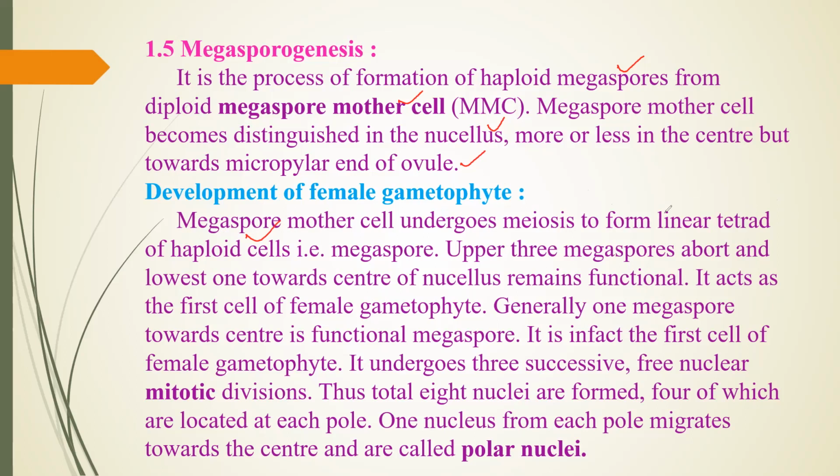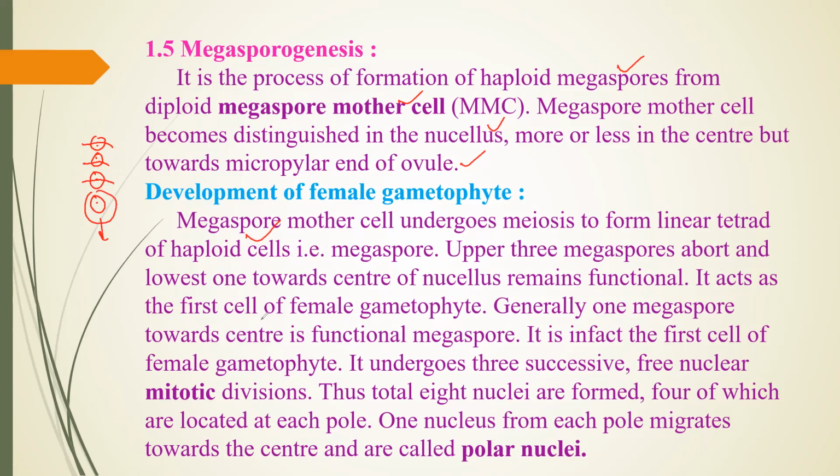So the upper 3 cells of the megaspore abort and the lowest one towards the center of the nucellus remains. म्हणजे आपण पाहिलं बघा 1 2 3 आणि 4 असे 4 सेल आहेत. त्यापैकी 1 2 आणि 3 abort झाले. And this one reaches towards the center of the nucellus and becomes functional. ही जी आहे ती सिंगल फंक्शनल आहे.